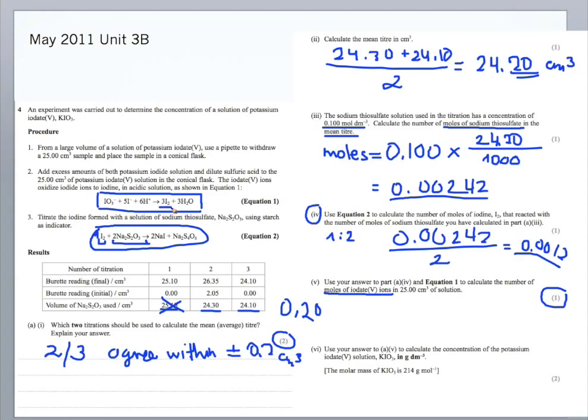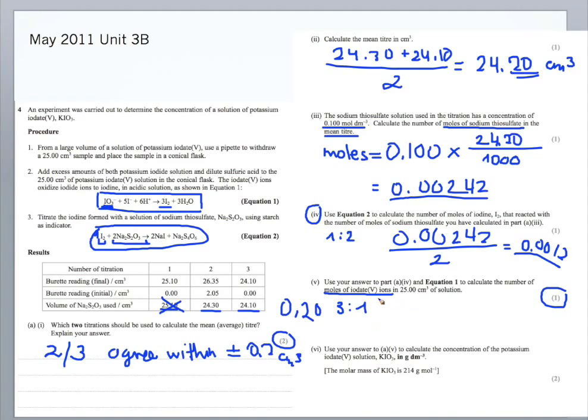So again, they're asking us to look at the balanced equation. So we know the moles of iodine, and now they're asking us to find out the moles of iodate ions, which are here. So again, in this case, we have 3 moles. The ratio is 3 to 1.